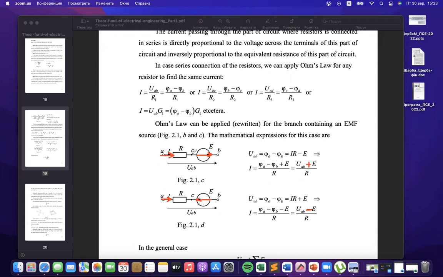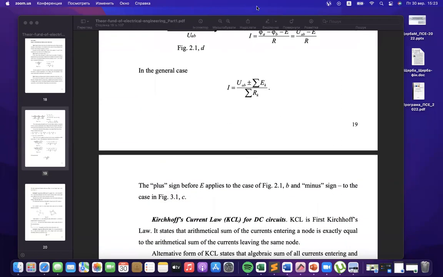That is why in the first case you are taking plus, in the second case you are taking minus. And that is why the general form is here. For any case of branch, you could use the general formula from the Ohm law. You could write it on some paper just to see it every time near the eyes. It is the first main thing that you will need every time.